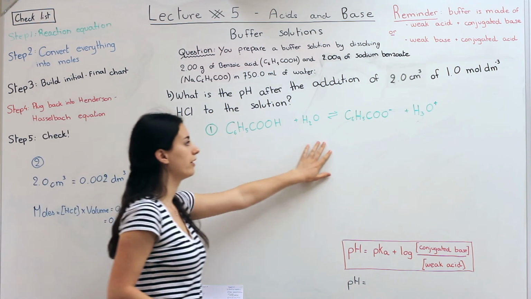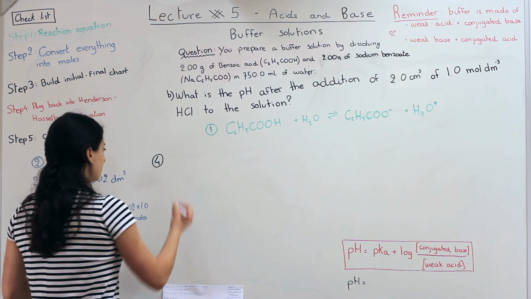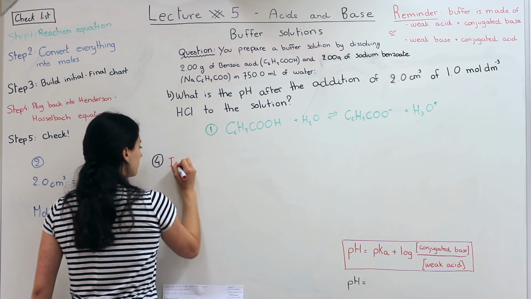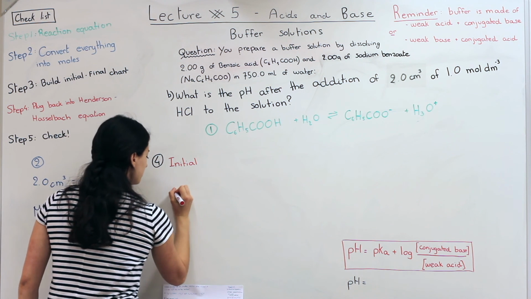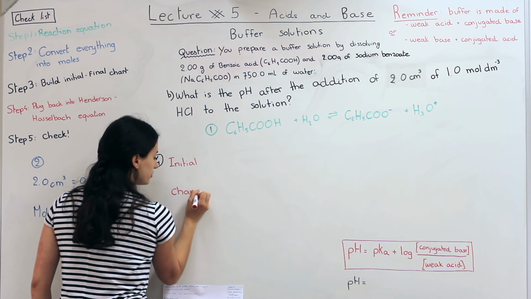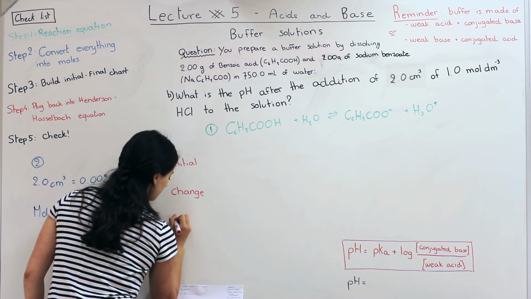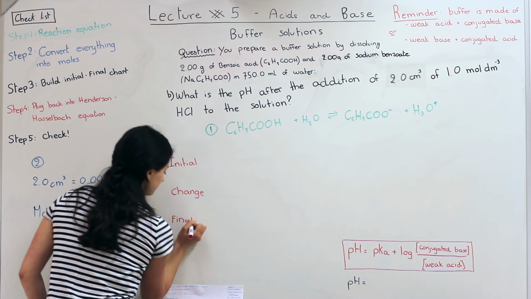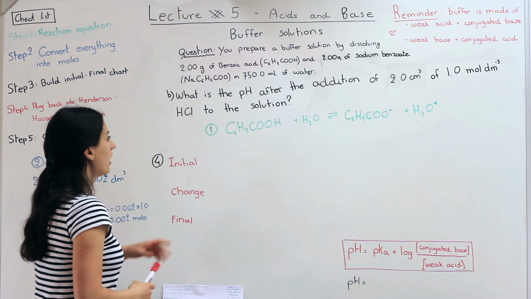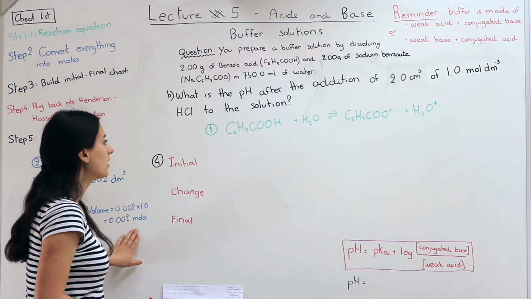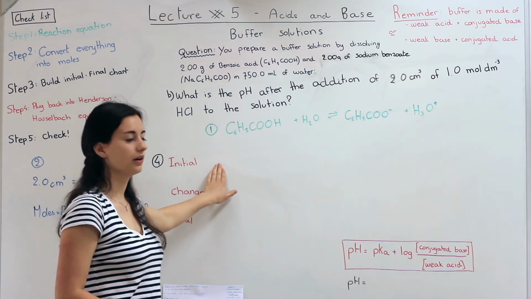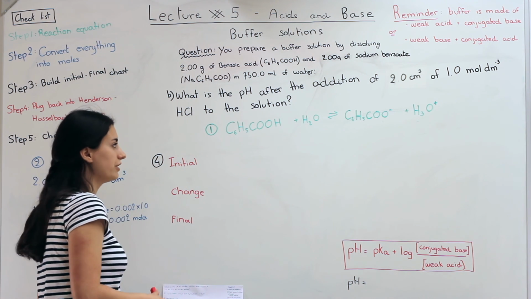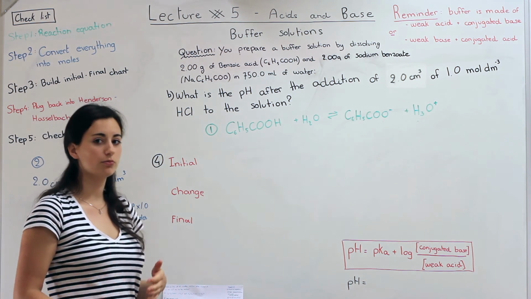So here we have the equation, so we're just going to make a chart out of it. We have the number of moles, and in the previous video we put down the concentration here. However, we don't have concentration now, we're dealing with moles.